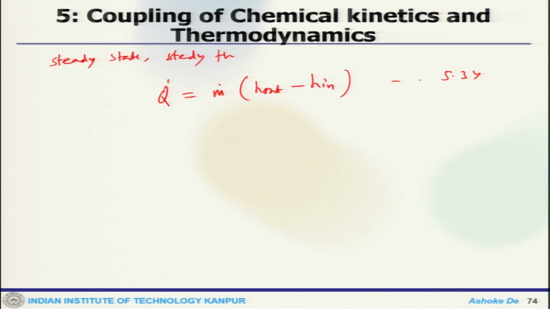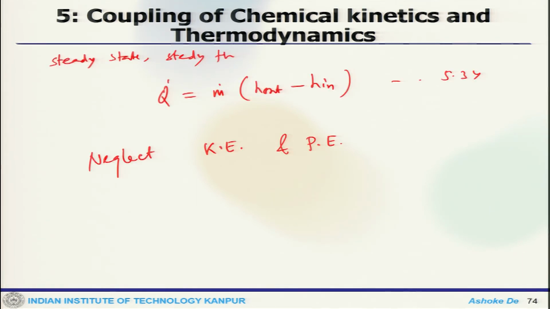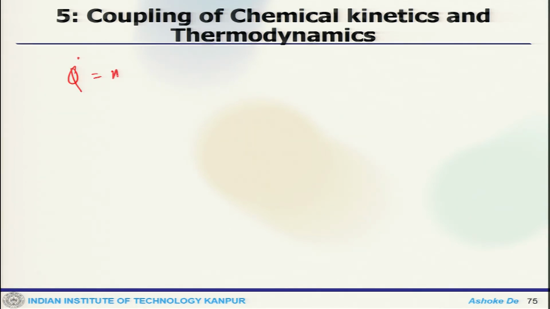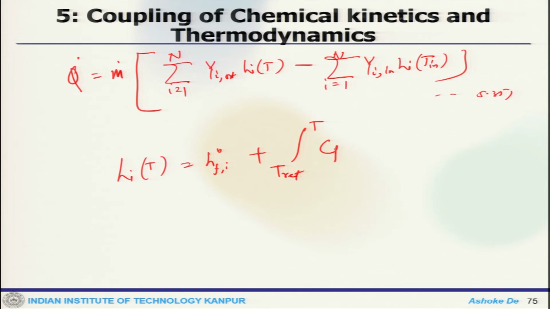Now, in terms of individual species, this equation 5.34 becomes Q dot equals m dot times summation I equals 1 to n of h I at T out minus summation I equals 1 to n of h I at T inlet, where h I at T is enthalpy of formation plus integral of Cp I dT.